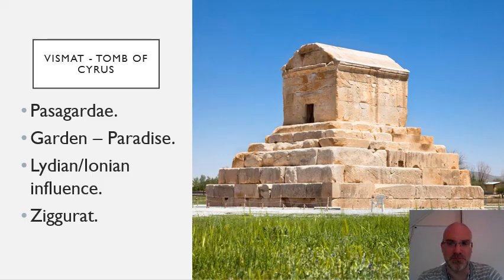So in some ways it's a meaningless phrase, but anyway, it is a very important city for the Persians, although it's a strange city in some ways, and that's where Cyrus's tomb is.